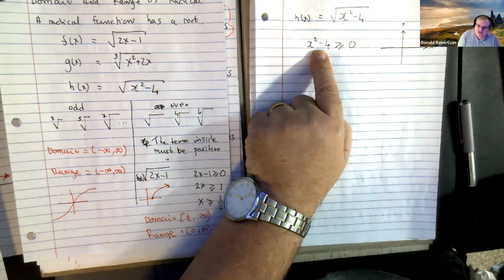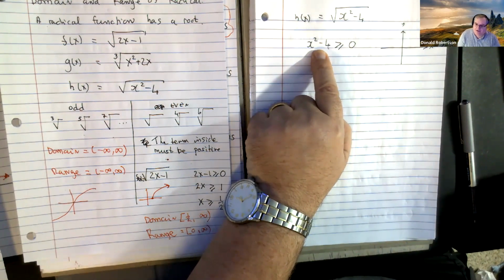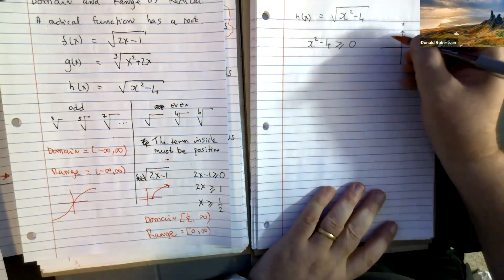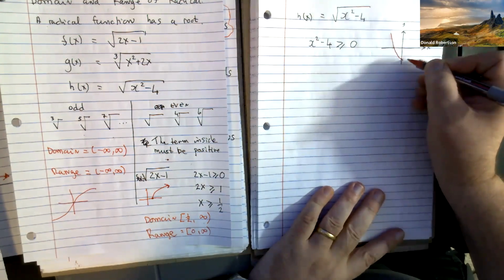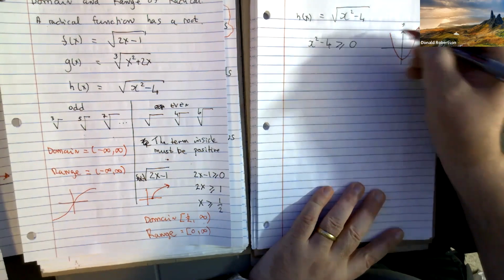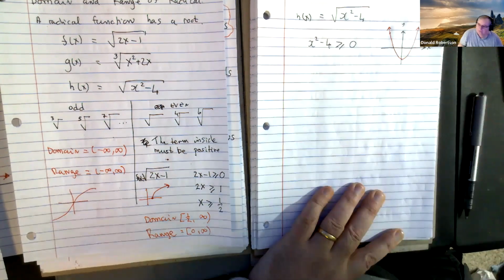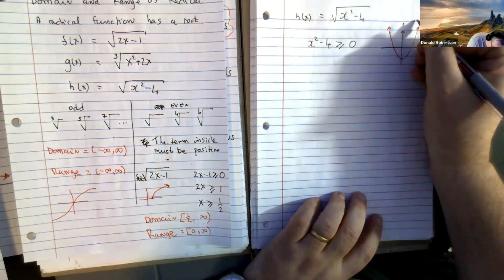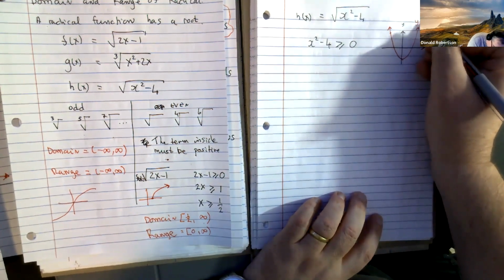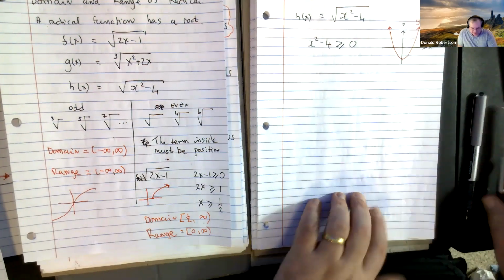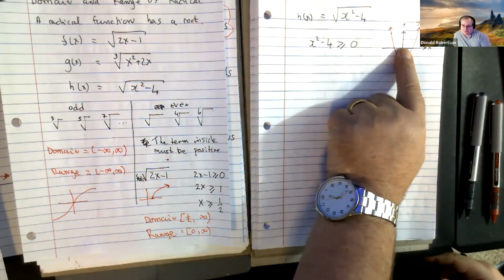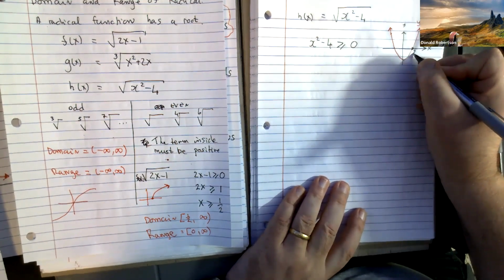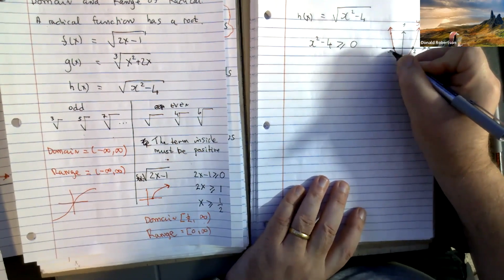If you plug x squared minus 4 into Desmos, can you just trust me that it ends up being this shape? So if I plugged y equals x squared minus 4 into Desmos, now, once I've got the picture in front of me, I'll tell you a couple of key numbers. This is 2, and this is -2.